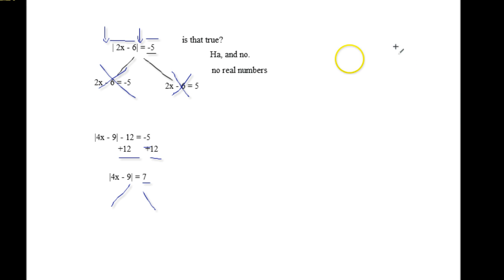Now, can you combine this with inequalities? Yes. Something that looks like this. Now when you do inequalities, you do have to make sure, once again, that the right side is positive, and once you can confirm it is positive, you can write out your two equations. y minus 2 is less than 2, or y minus 2 is greater than negative 2.